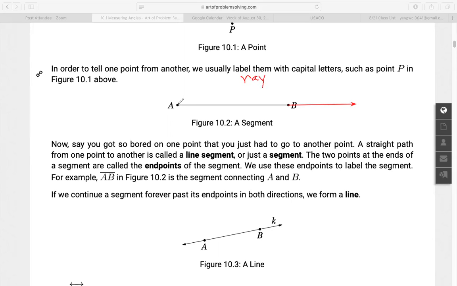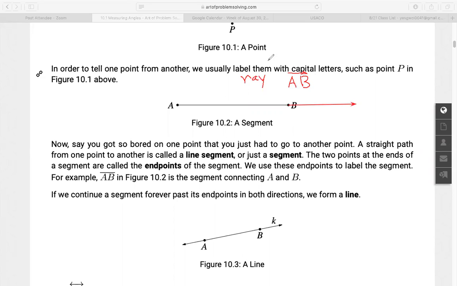The origin, or the start point of this ray, is A, right? Another point on this ray is B. So usually we use this notation, with an arrow on top, to represent a ray. That means this ray starts at origin point A, then points in the direction of B.